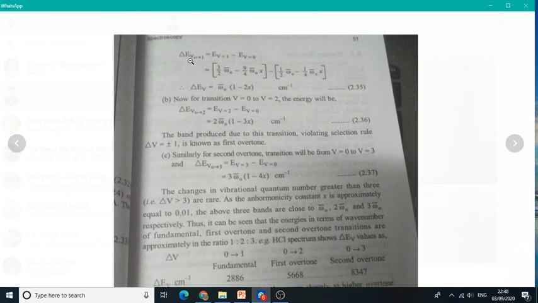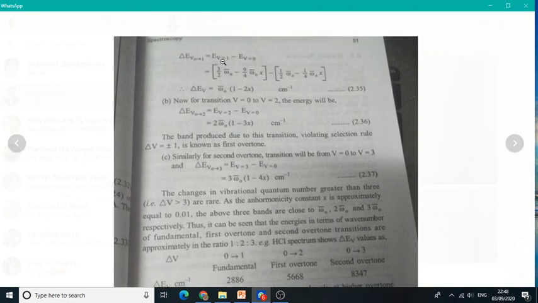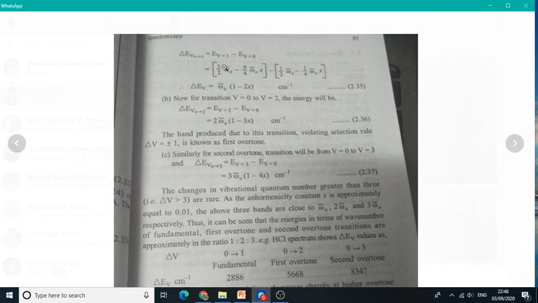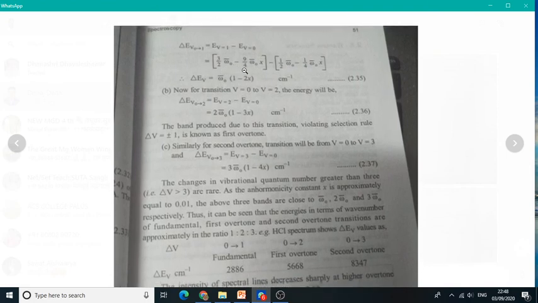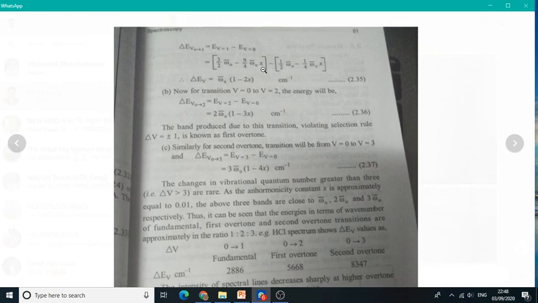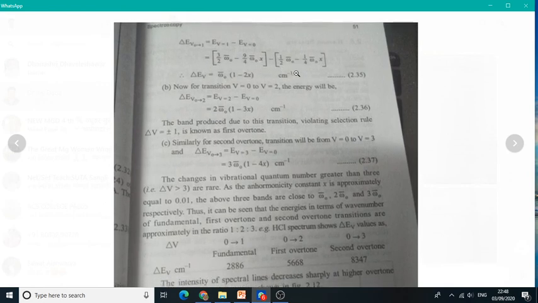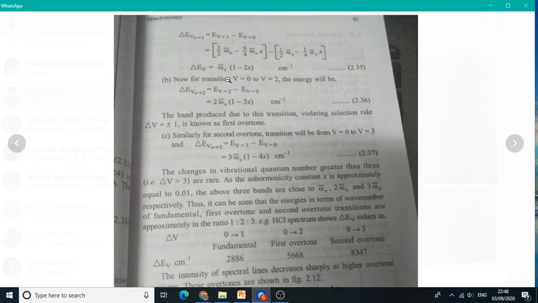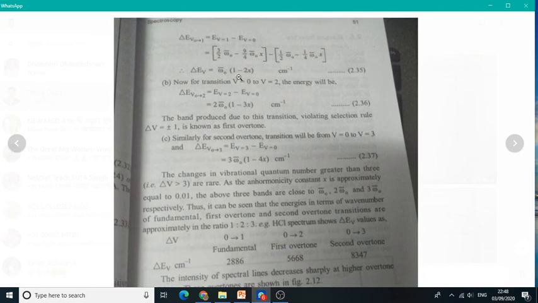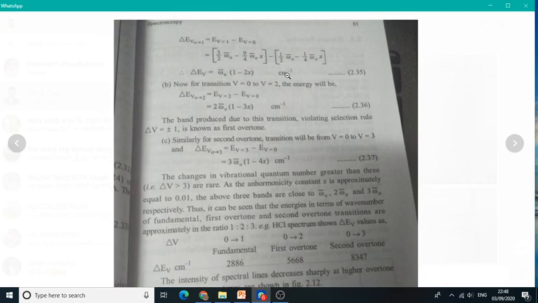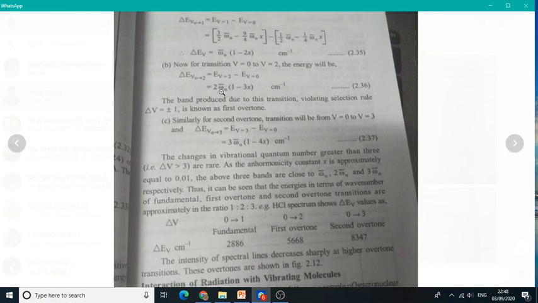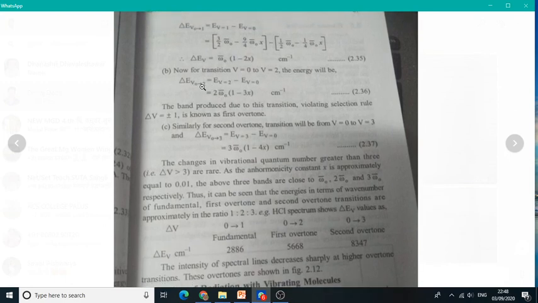This is the transition from phi equal to 1 to phi equal to 0, and putting the values here, we get 3 by 2 omega bar oscillation minus 9 by 4 omega bar oscillation into x minus 1/2 omega bar oscillation minus 1/2, and taking the difference, we get omega bar oscillation in a bracket 1 minus 2x, and the unit here is centimeter inverse.